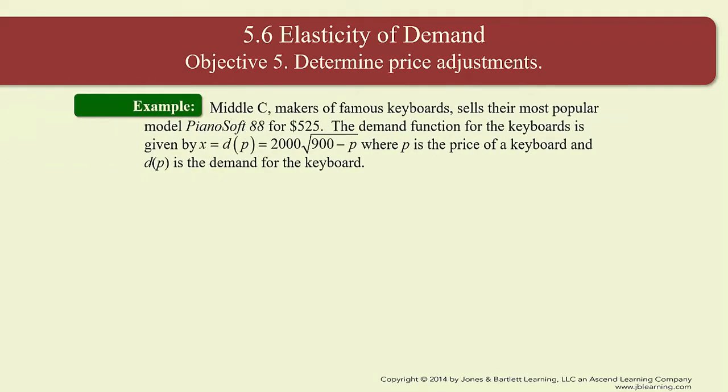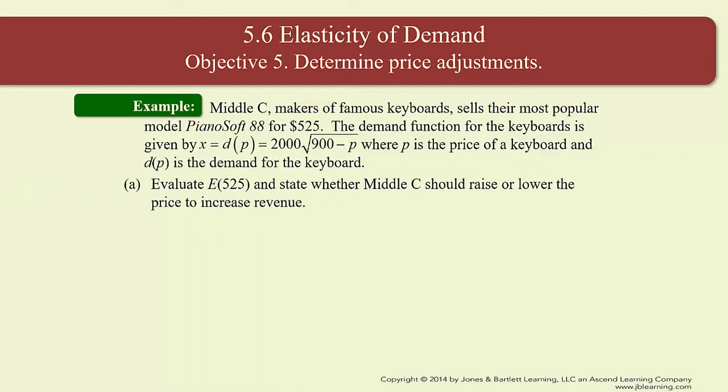So in this example, we are going to write all the words down. Someone's making a keyboard, selling it at $525. We know the demand function for the keyboards is given by D of P equals 2,000 square root of 900 minus P. P is the price of a keyboard, and D of P is the demand.